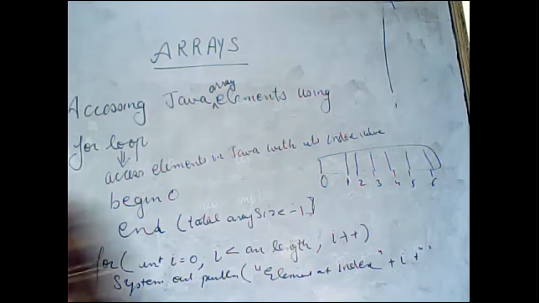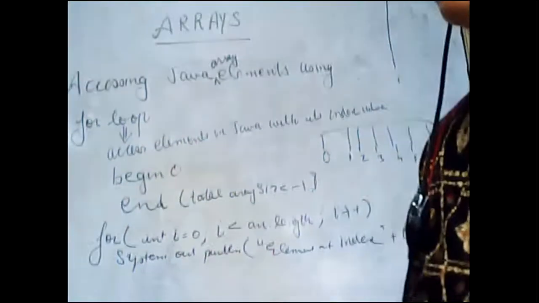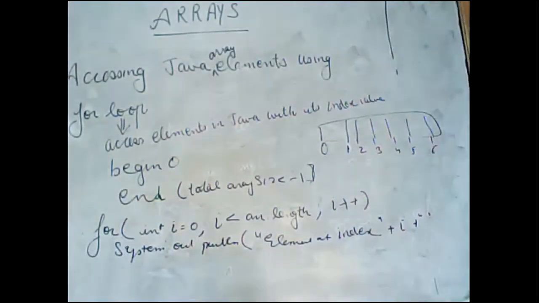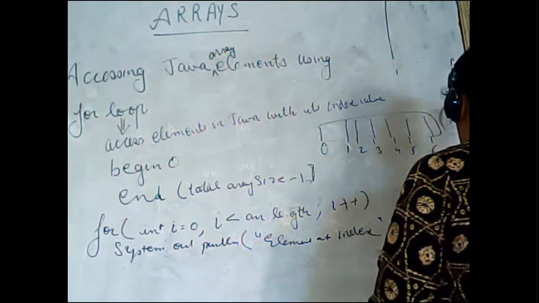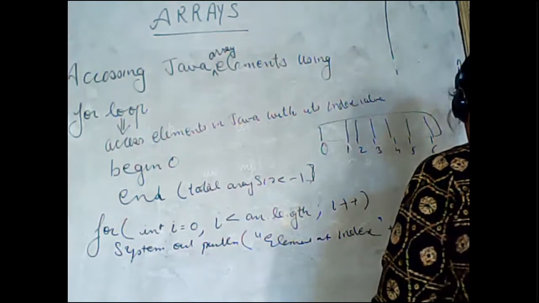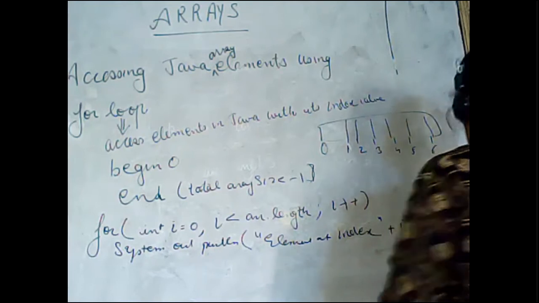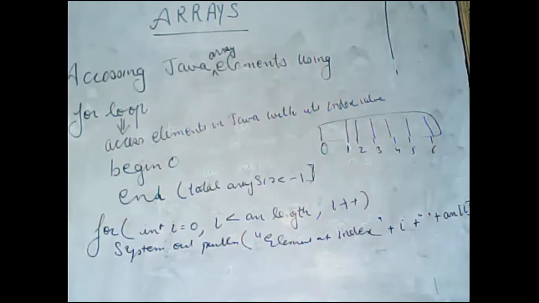I just scroll my camera. So we have like this: "element at index" position will be like this, and this is the space that we need to mention. i plus, and finally the array i here. Okay. So this is basically the index that will tell us at which particular position we have which type of element.